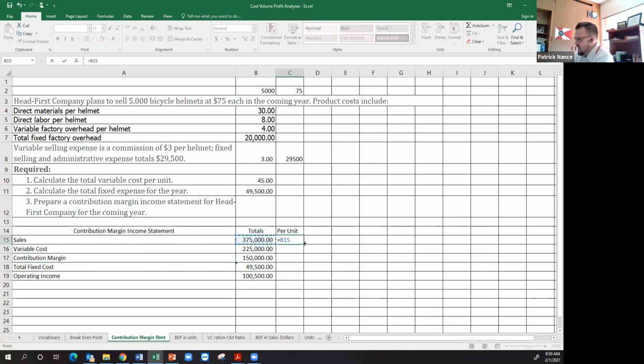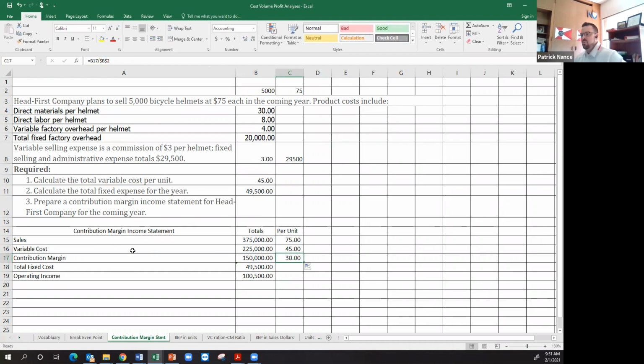So I would take 375,000 divided by the 5,000 units for the sales, which is 75, as that's how we got it in the first place. The variable cost is the same thing, 225,000 divided by 5,000. And for my contribution margin, I'm going to take the 150,000 divided by 5,000.